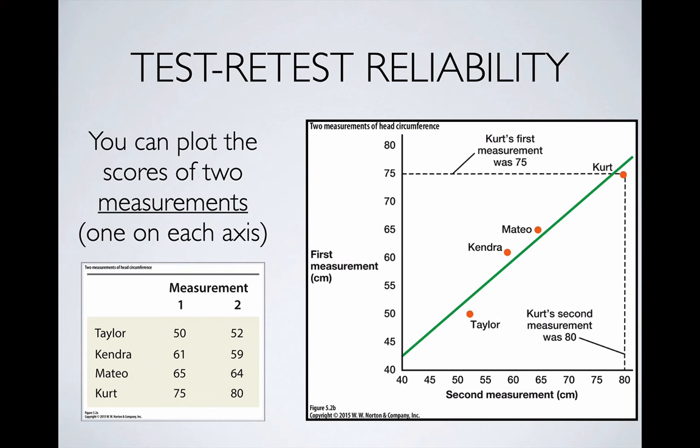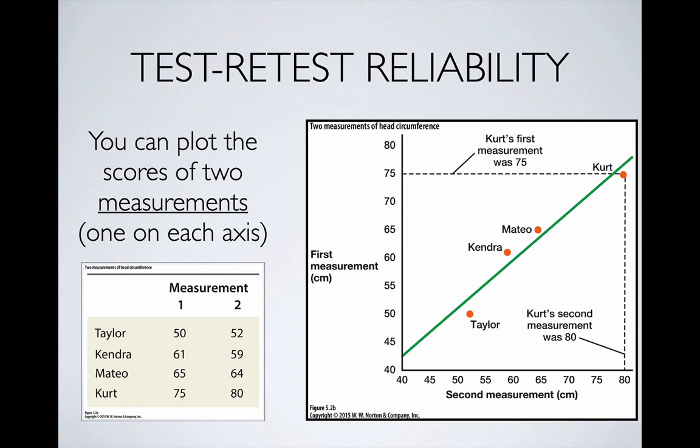So when you look at this, you could see, well, yeah, it looks like a pretty strong relationship based on what I can see. If I gave you this scatter plot, be able to, just based on the scatter plot alone, tell me whether they're checking for test-retest reliability, inter-rater reliability, or internal reliability.